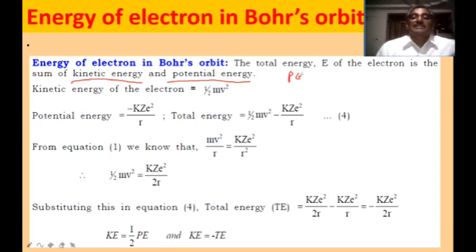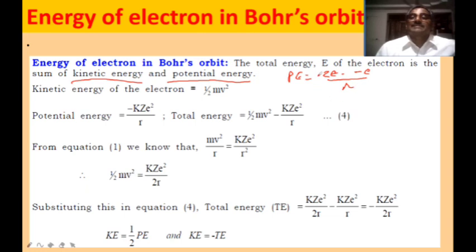Potential energy is directly proportional to the product of the charges, that is Ze into minus e, and inversely proportional to the radius.